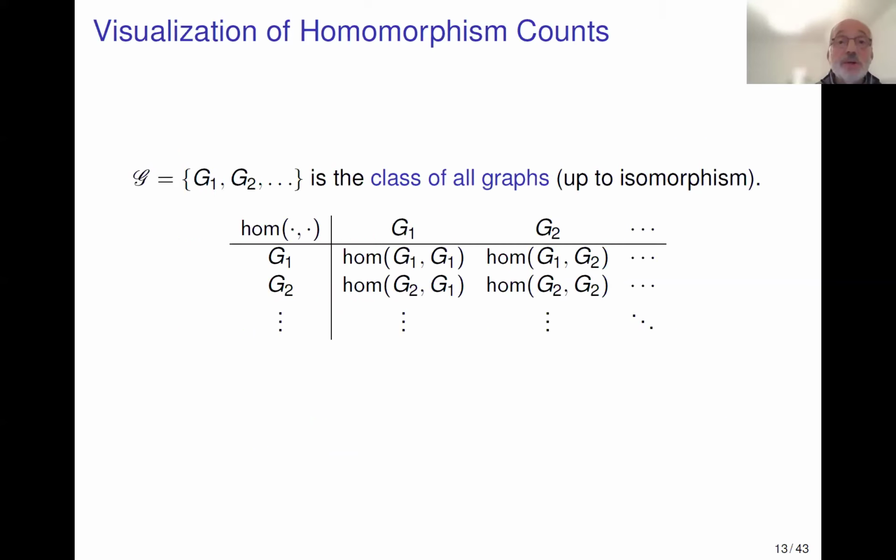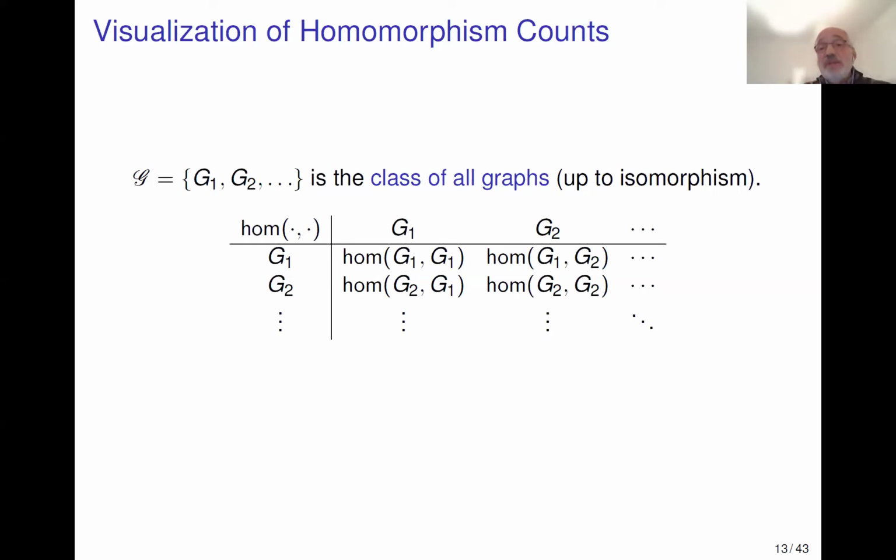Okay, we're still defining notions. Before we come to the discussion of the first important result, we want to visualize these homomorphism counts. Take a list. This calligraphic G is the class of all graphs where you take one member from every isomorphism class. So this is a list of all finite graphs, always up to isomorphism.